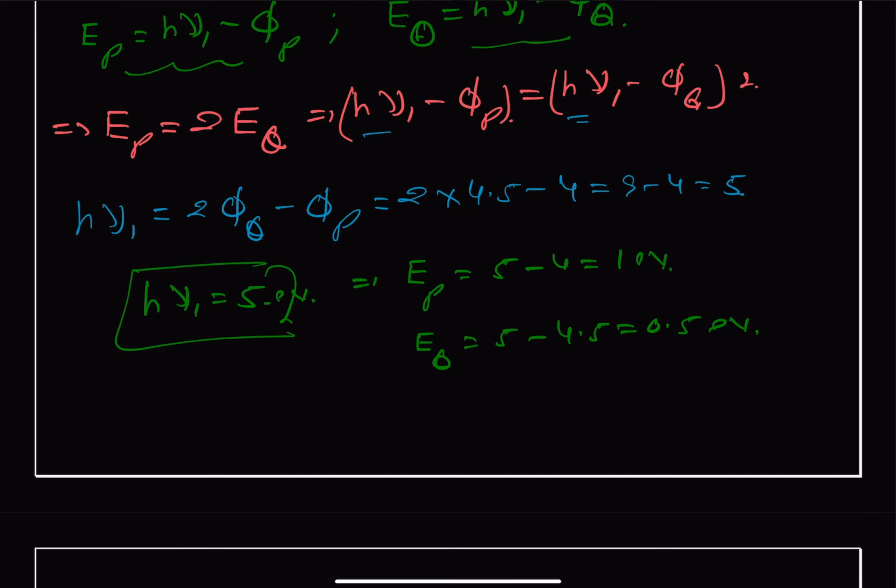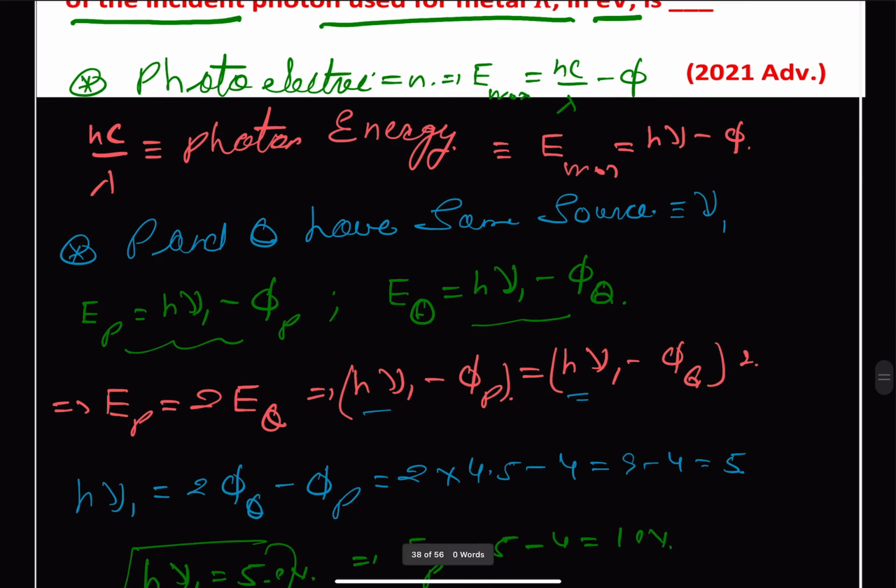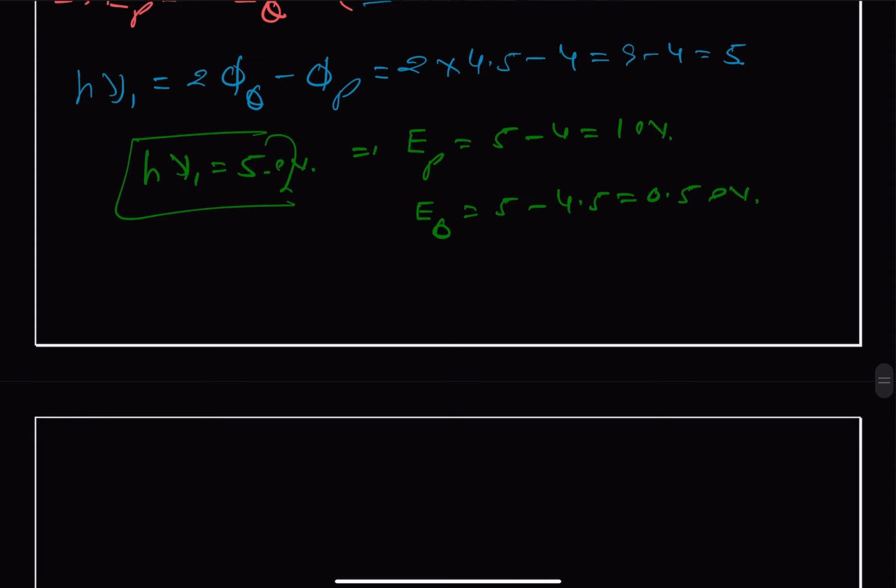And we are also given that EP is equal to twice ER. So from here we can say that ER is equal to EP by 2, which gives us 0.5 electron volt.